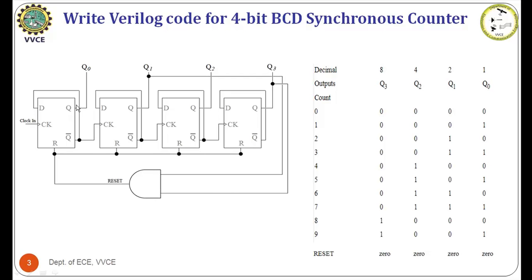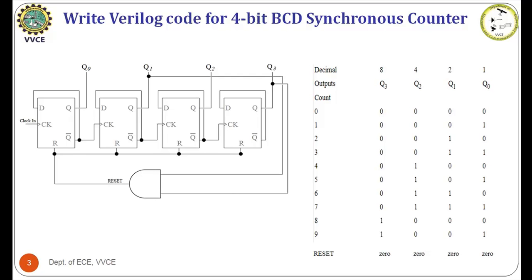Since it is a synchronous counter, the output of the previous flip-flop is fed as an input to the next flip-flop. For example, in the first flip-flop, the output Q bar is fed as an input to the clock input of the next flip-flop. Similarly, the output of the second flip-flop is fed as an input to the clock input of the third flip-flop, and similarly for the third and fourth flip-flop also.